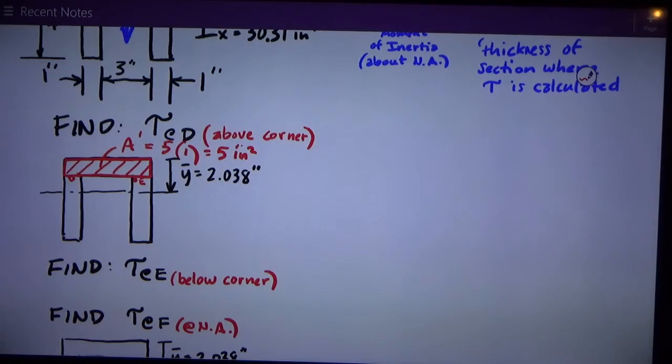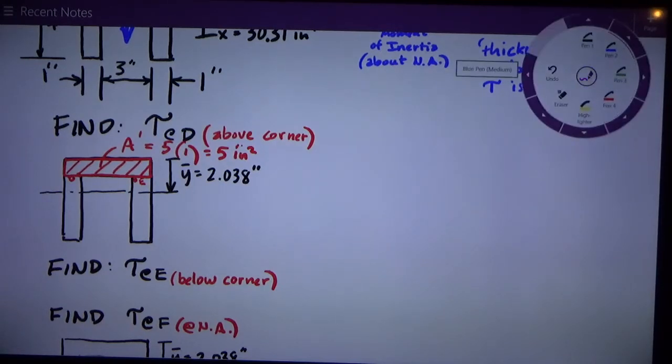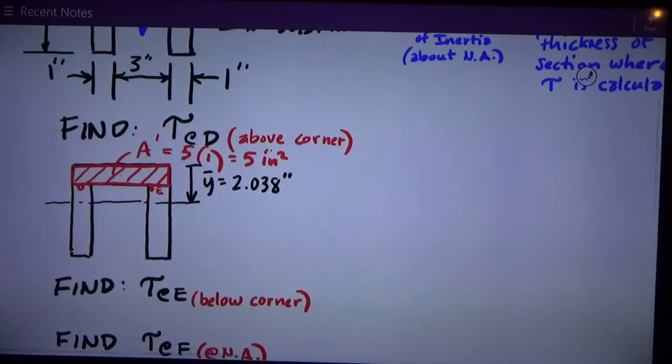Y bar prime is the distance from the centroid of that, which let me draw a little blue cross there. The centroid of A prime is right there. And this thing is 1 inch tall, so that makes it a half an inch below the top. It's half of the height of the rectangle. Y bar prime is the distance from the neutral axis to that point, to that centroid.